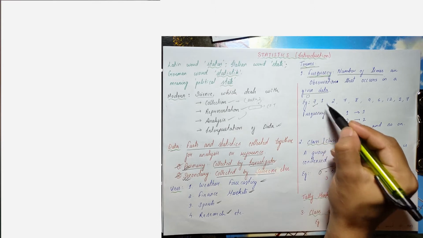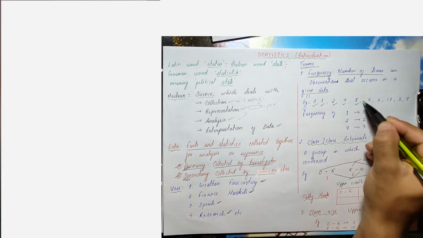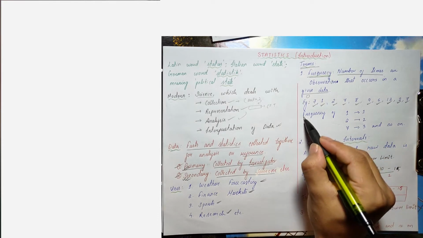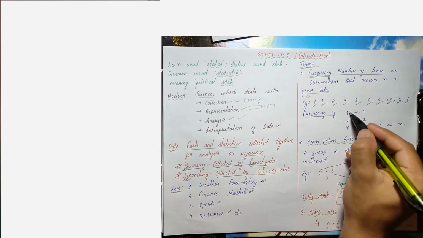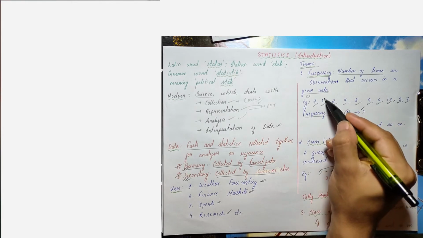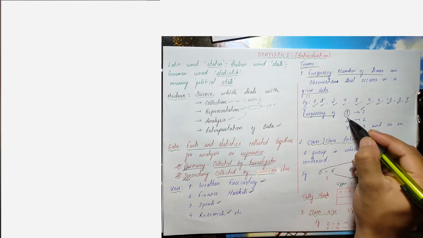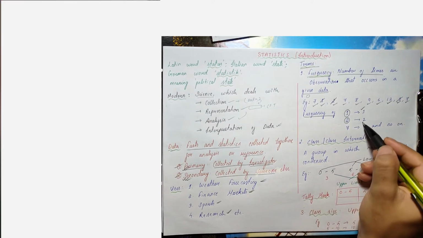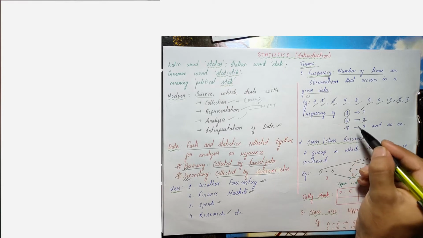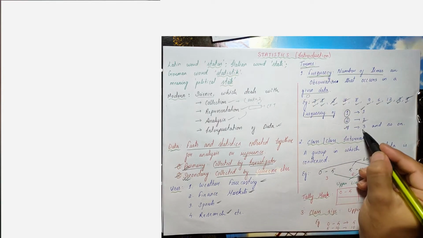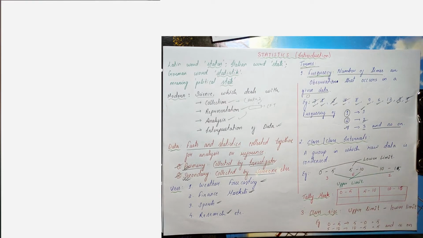So we have 7, 1, 2, 7, 8, 9, 6, 12, 2, 7. The frequency of a group consisting of one member is just 1. We can count from here, so 1. A group consisting of 2 members is 1, 2, so 2. A group consisting of 7 members is 1, 2, 3, and hence 3, and so on.